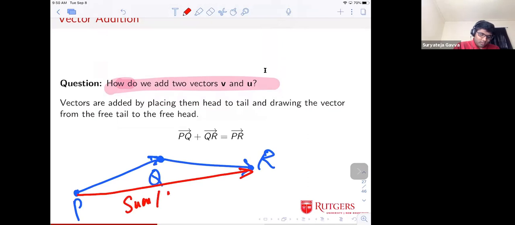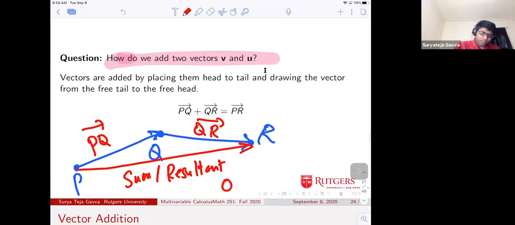So if you add PQ to QR, you get this vector which is just PR. So is this clear? How do you add vectors? PQ plus QR is PR.